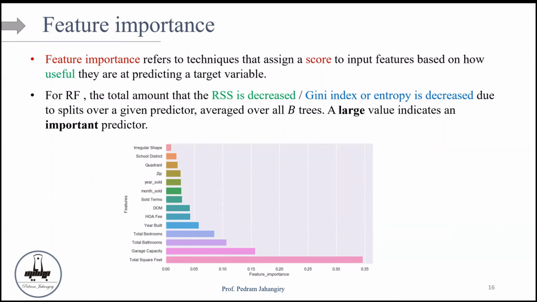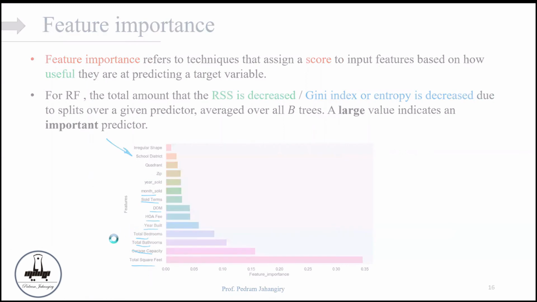So let's look at an example. Imagine we are using the Logan housing data set. This is a housing data set, and these are the features: total square feet, garage capacity, total bathrooms, total bedrooms, year built, HOA, days on the market, sold terms, month sold, etc. At the end of the day, we can rank these features using random forest.